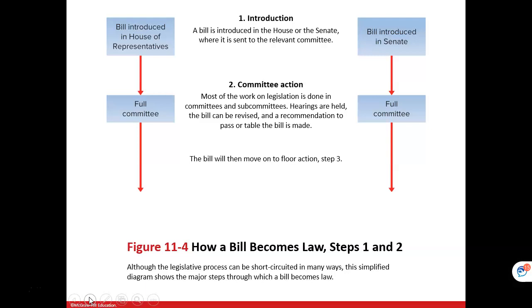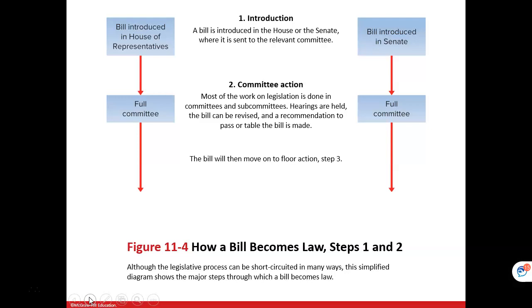So the bill is introduced, the bill is given a number, the bill is assigned to a committee. Every bill is assigned to a committee. In that committee there is a chairperson and there are committee members, and their job is to review this bill, study this bill, revise this bill, mark it up, and then vote on it.